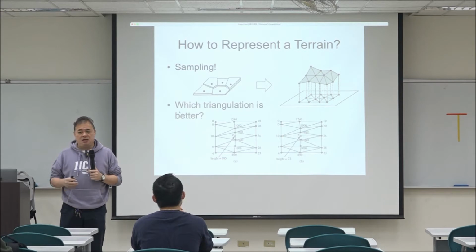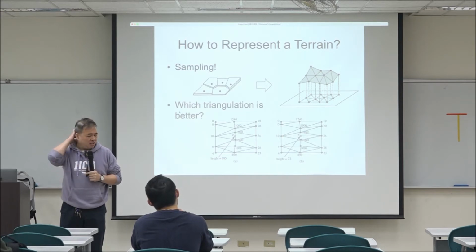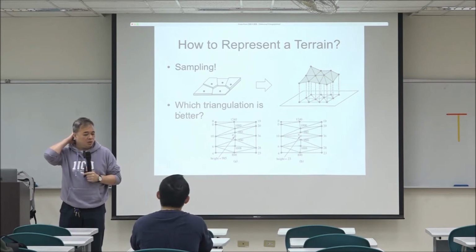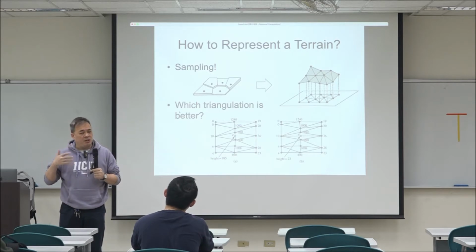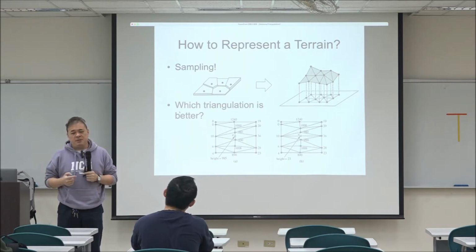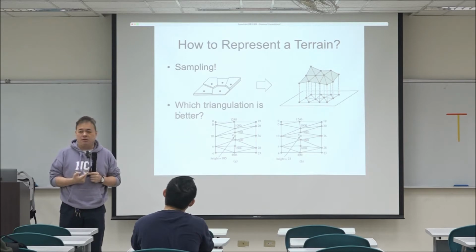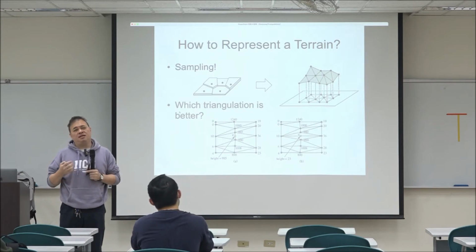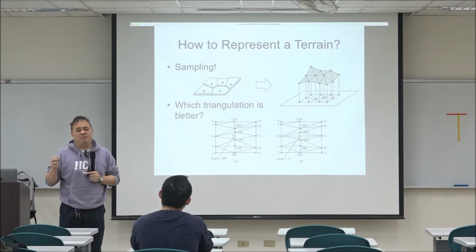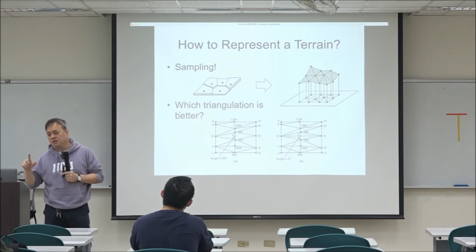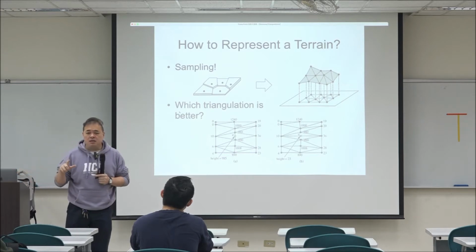In the art gallery chapter, our purpose was just to find one way to triangulate those points. We didn't really care that much about the quality of the triangulation, right?